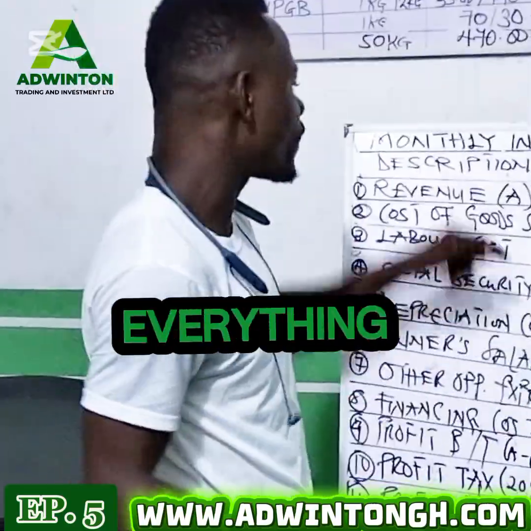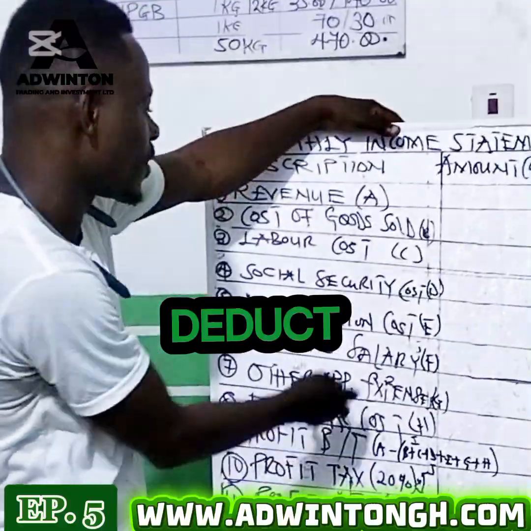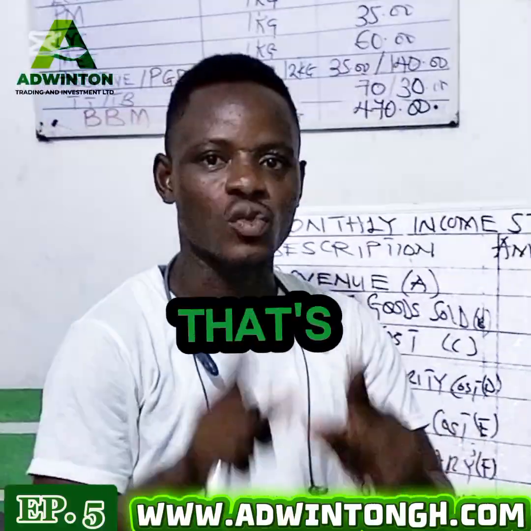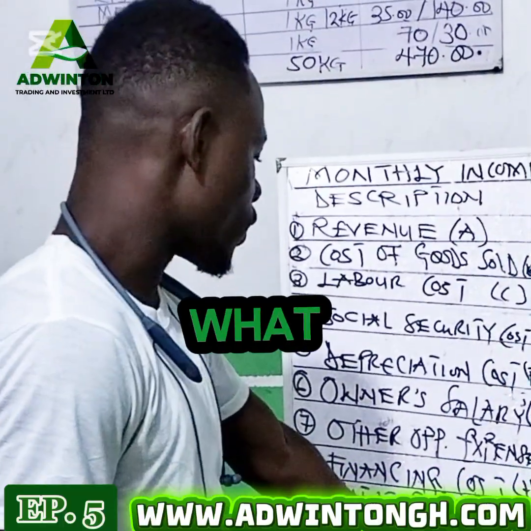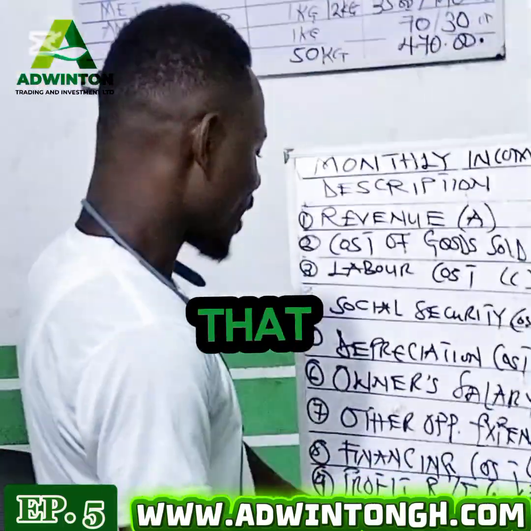You have to deduct everything from your revenue. After you deduct those costs, what is left is what the tax man will tax you on. That's what they are going to apply the tax on.